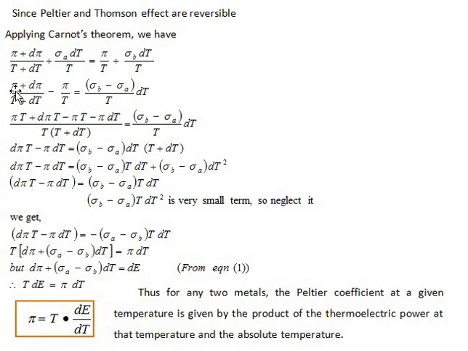Therefore pi into T plus d pi into T minus pi into T plus dT, redistributing, pi into T minus pi into dT, divided by T into T plus dT, is equal to, this remains as it is, sigma B minus sigma A divided by T into dT.